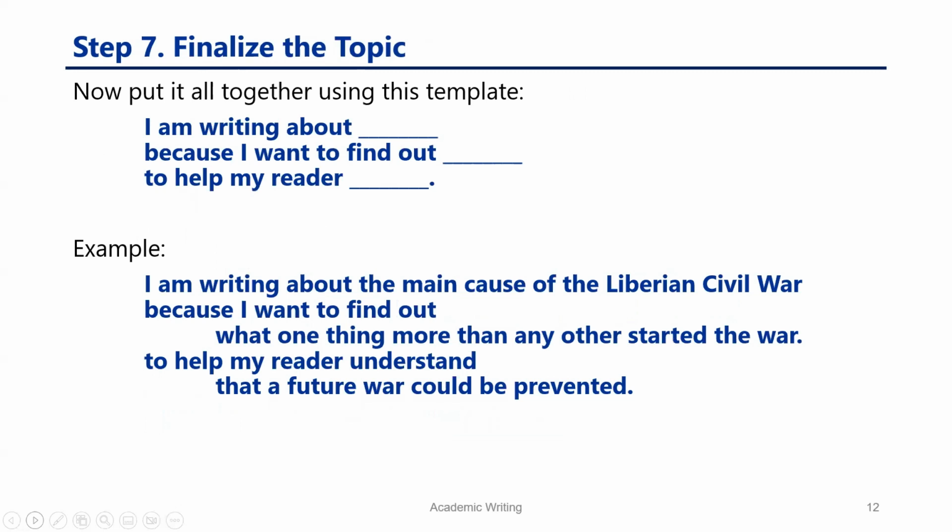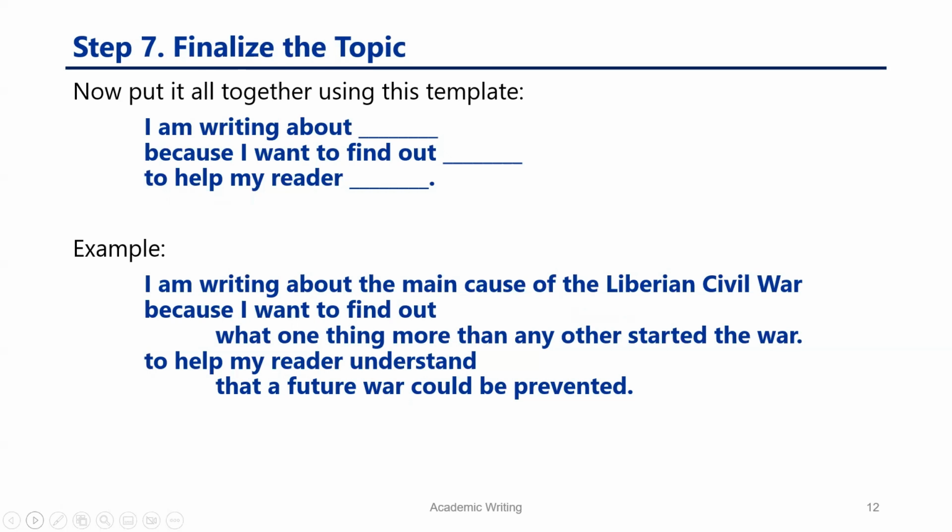Now, given all those things we just did, let's put them all together using this template. I am writing about, because I want to find out, to help my reader. Okay, let's look at my example.